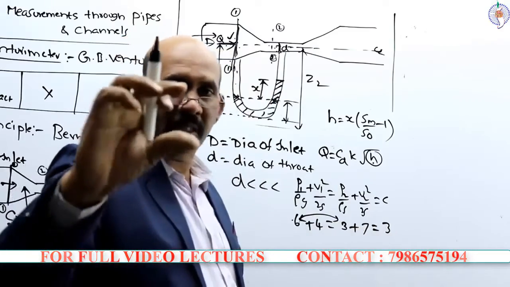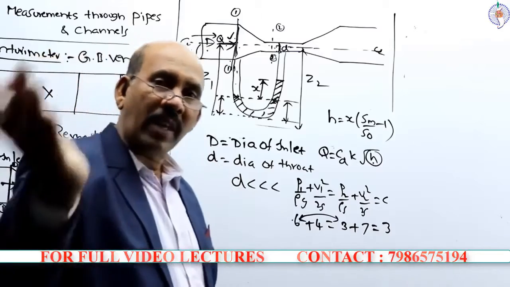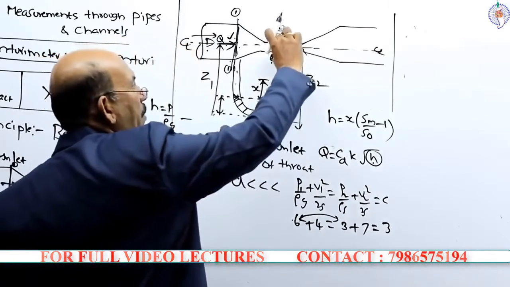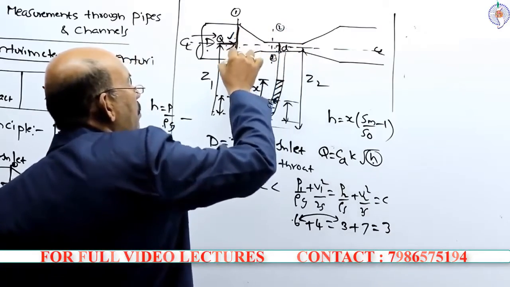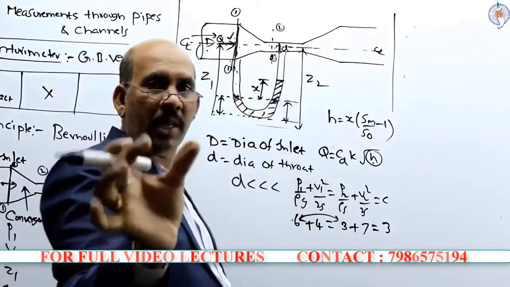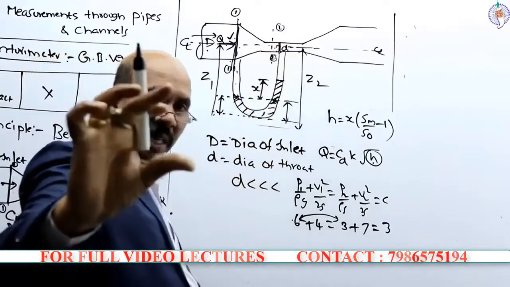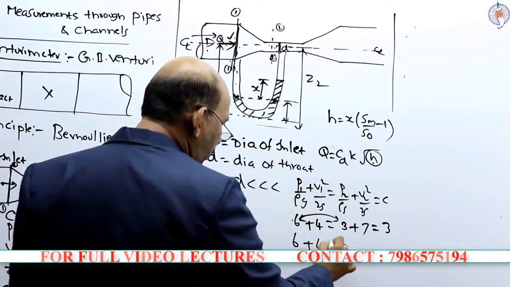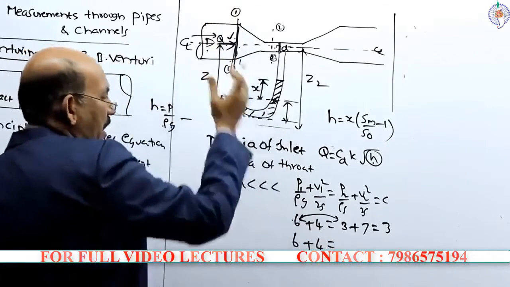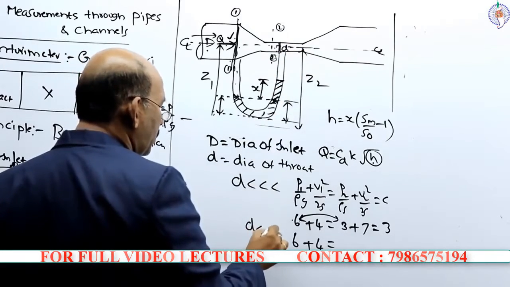And further you reduce this particular diameter, this is a constant because it is equal to the diameter of the pipe. This is a constant 6 plus 4 because this is the inlet. And I am reducing the diameter further.